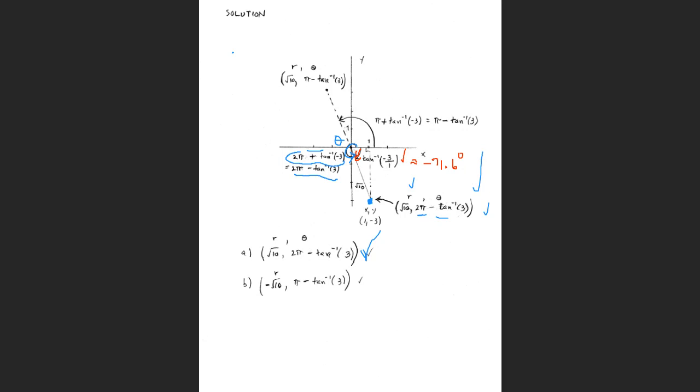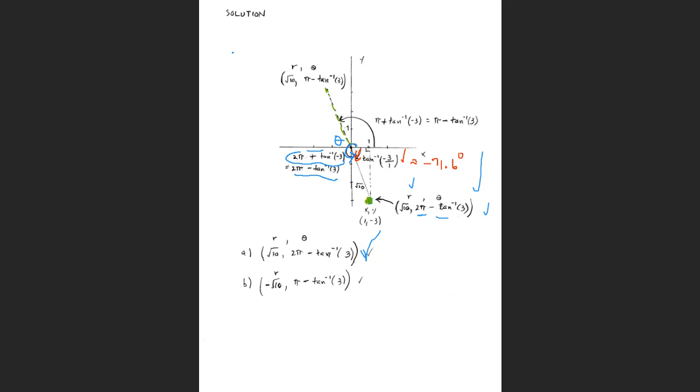All right, now for part B, we want a negative radius. So if we look in this direction here, but go backwards √10, that'll get us to this point.